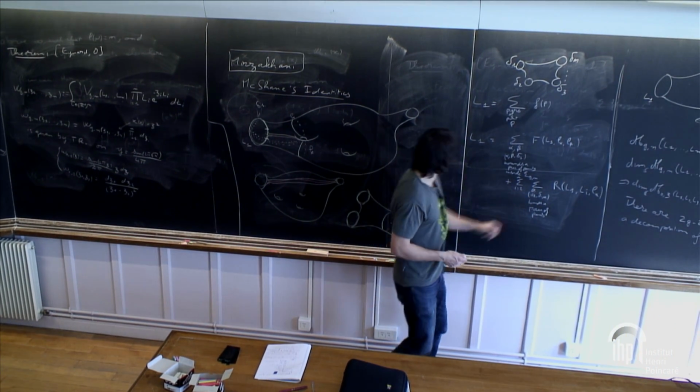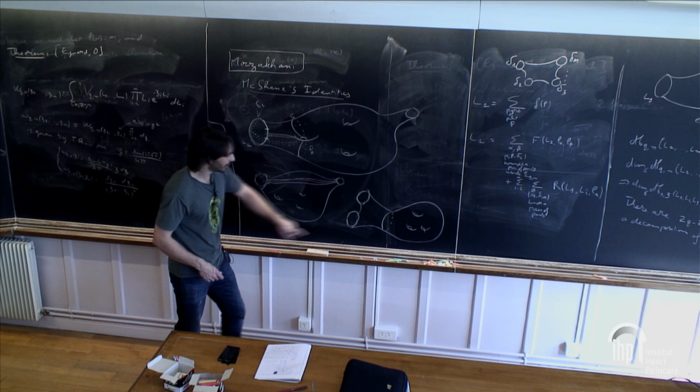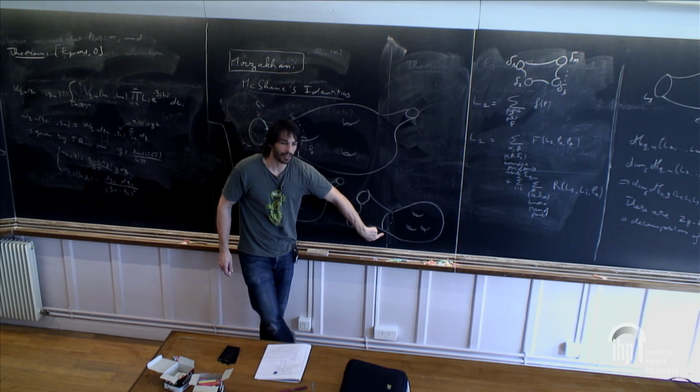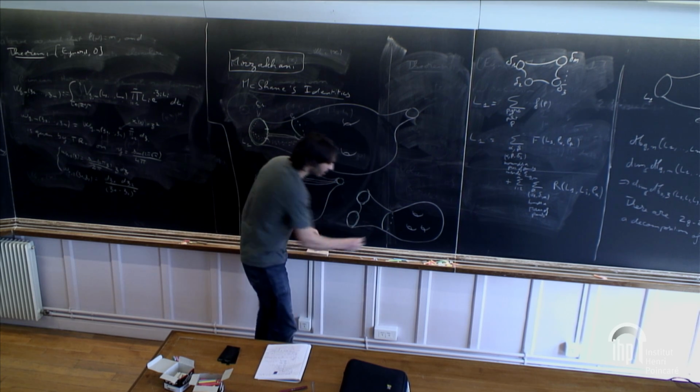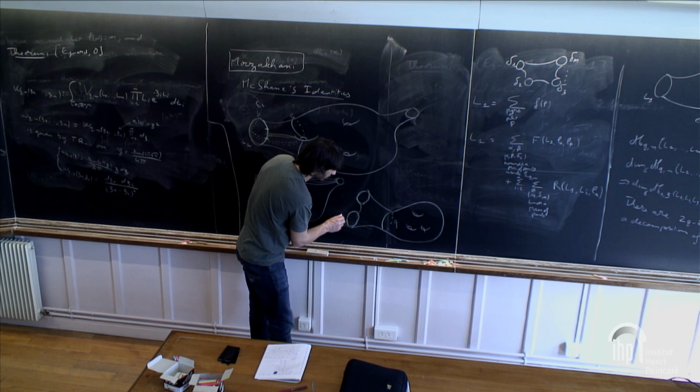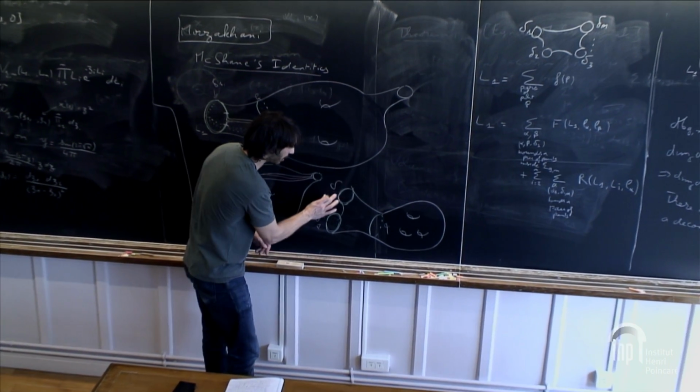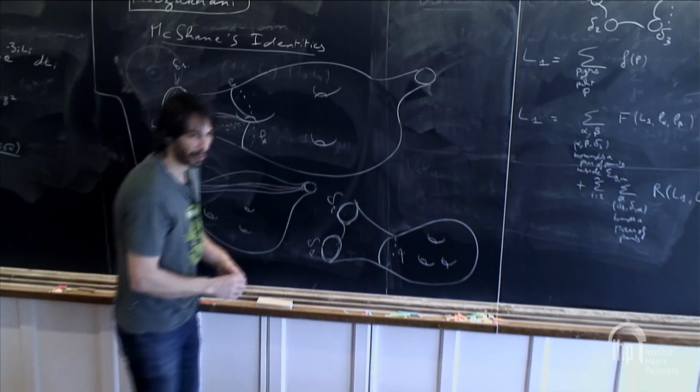Then alpha is a geodesic inside your surface such that alpha, delta 1, and delta i bound a pair of points.